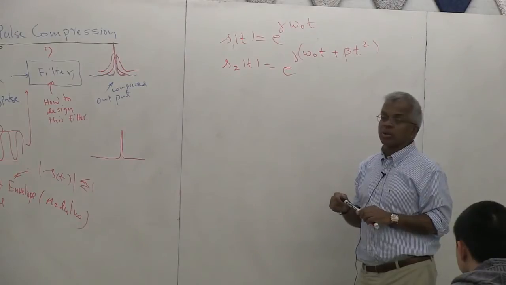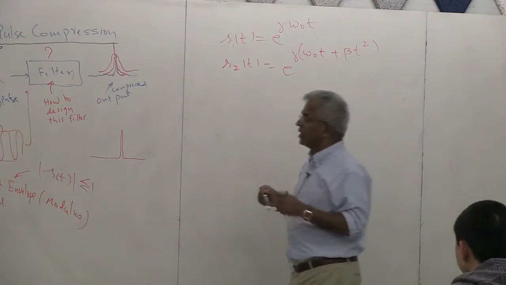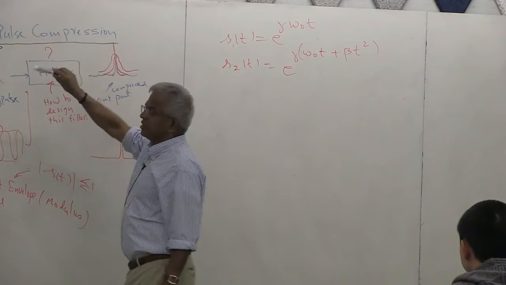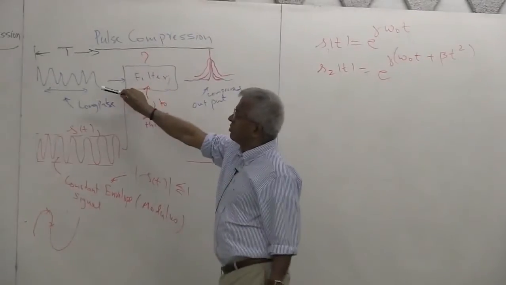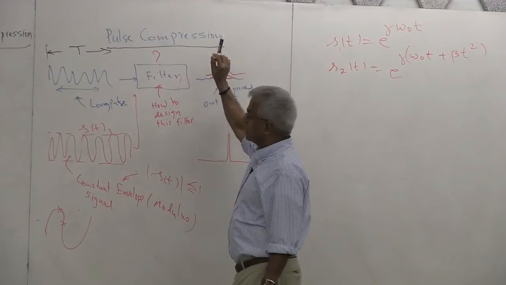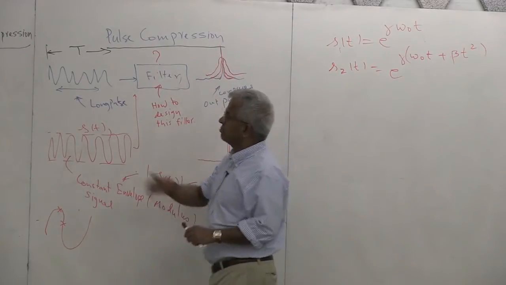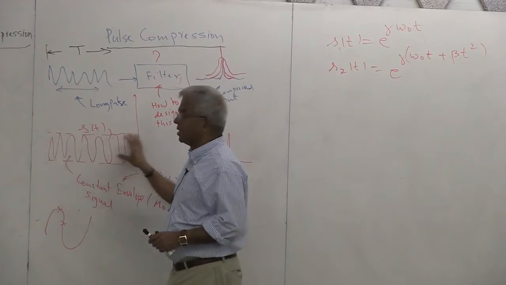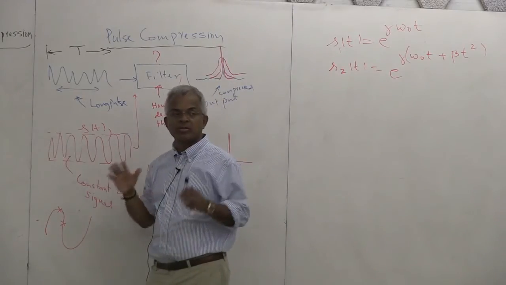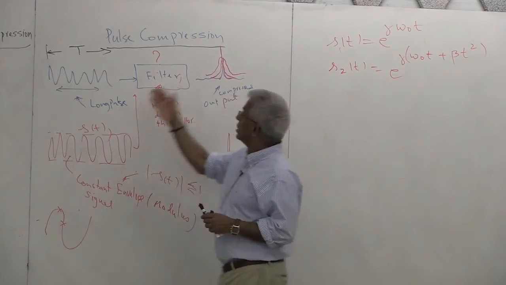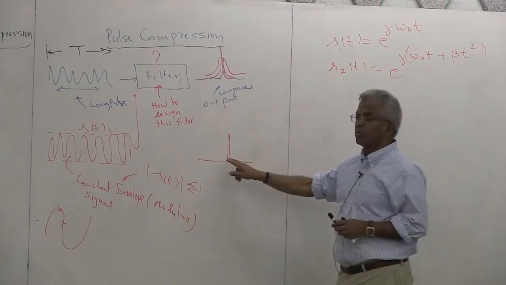So we are talking about pulse compression. If you don't have a topic, in any case, the problem is the following. If you have a pulse, how do you design a filter so that the output is compressed? And more importantly, you may want the input signal to be something like a sinusoid or complex sinusoid, which has a constant envelope, and then the output you want to look like this.